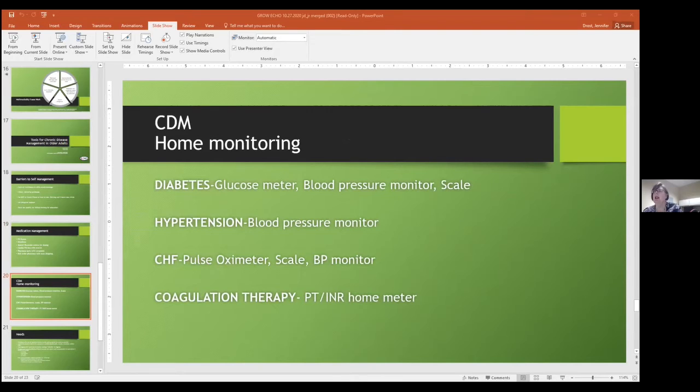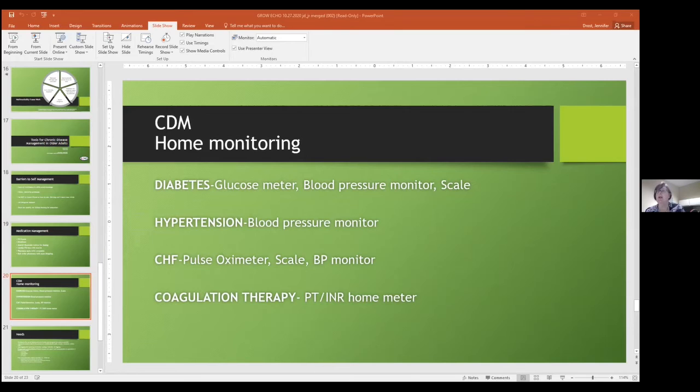The other thing is home monitoring. With diabetes, you can offer them a glucose meter and teach them how to use it. We also want to manage their blood pressure, so we offer them a blood pressure monitor, because we know that diabetes and cardiovascular disease go hand in hand. And then offer a scale so that they can keep track of their weight.